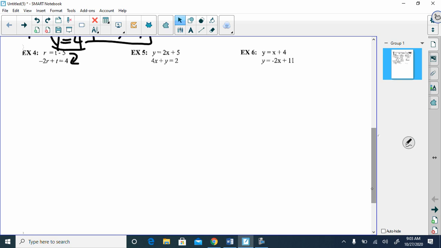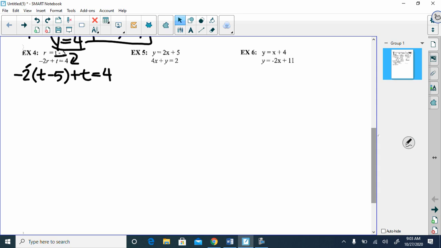So anywhere there is an r in the bottom equation, we get to replace it with t minus 5. So I start rewriting that bottom equation. I've got negative 2 times, instead of r, t minus 5, plus t equals 4. Okay? So what should we do first?